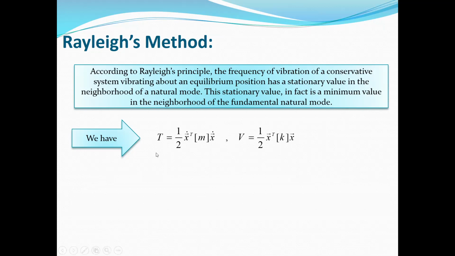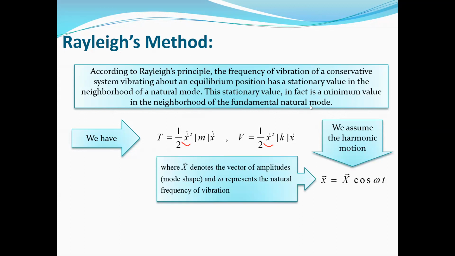Here, instead of the mass for the kinetic energy, we have the mass matrix, and instead of the stiffness K, we have the stiffness matrix. And instead of the displacement x, we have the displacement vector. As you can see, we have the vector x dot and the vector x. By using this matrix form, we can obtain the kinetic energy and potential energy for a conservative system with multi-degree of freedom.